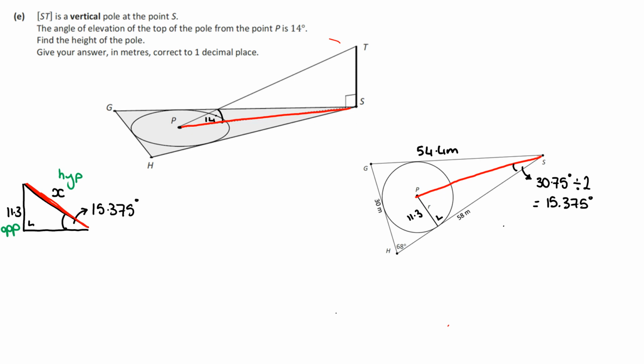Working with right angle triangles, I'm going to have the sine of angle A is opposite over hypotenuse.